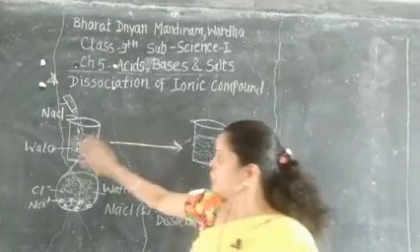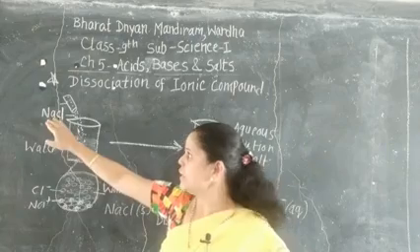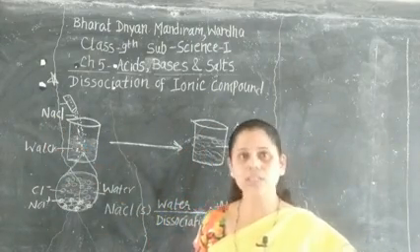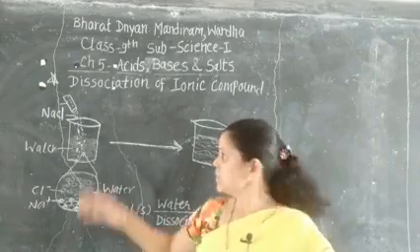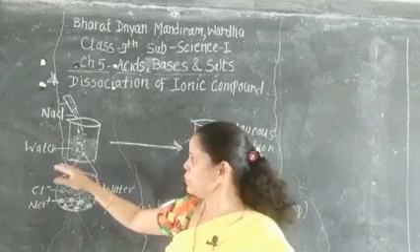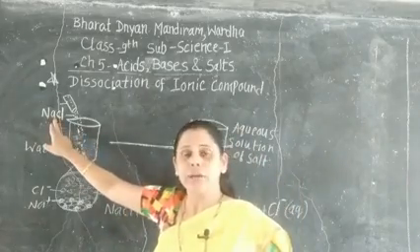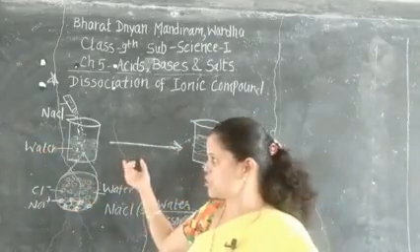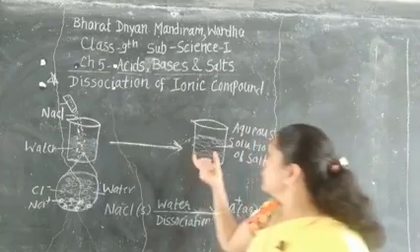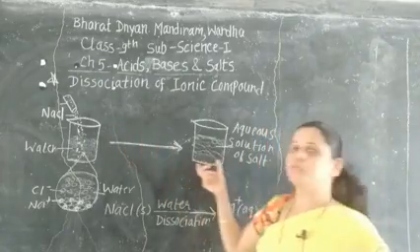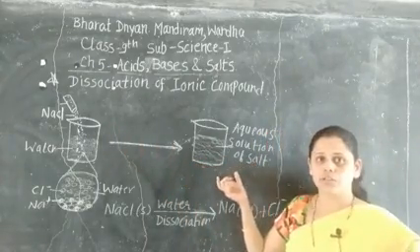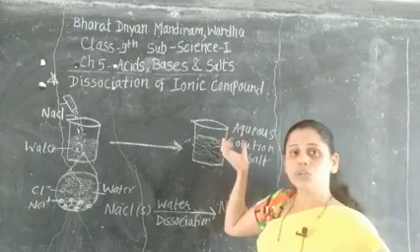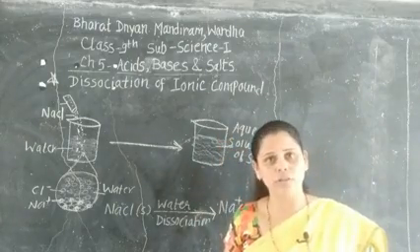When we add an ionic compound like common salt into water, then after dissociation, the ionic compound forms an aqueous solution. What is an aqueous solution? A solution where the solvent is water.